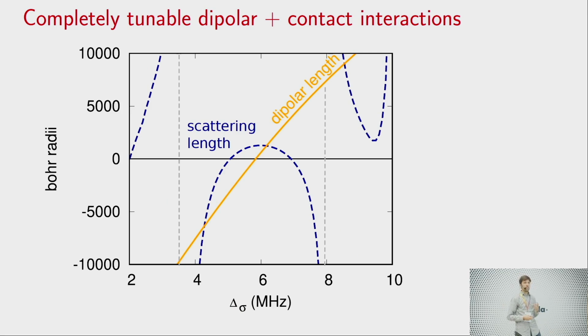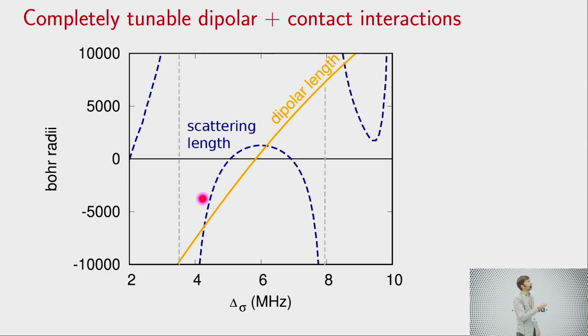So interactions in the system can be quantified by two length scales. There's a length scale associated with the dipolar interaction, and there's also a scattering length, although we might hear some more philosophical talk about this later.